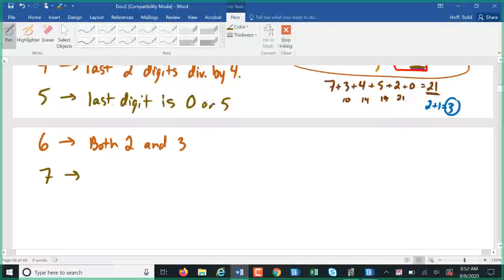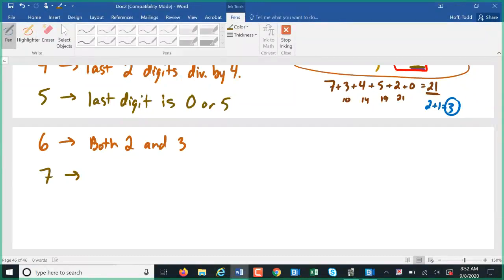7. There actually is a rule for 7, but it doesn't work for every number. It only works for certain numbers, for really huge numbers with a lot of digits, or numbers where the last digit's pretty small. Let me just give you an example of it rather than trying to write out how the rule actually works.